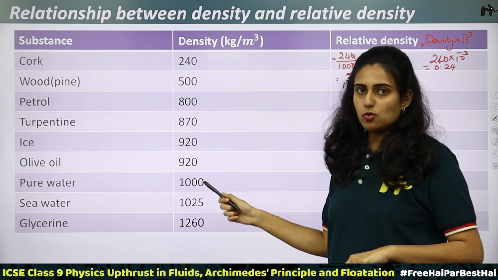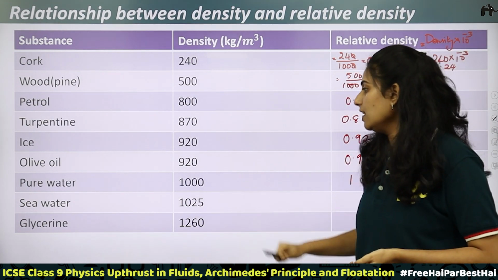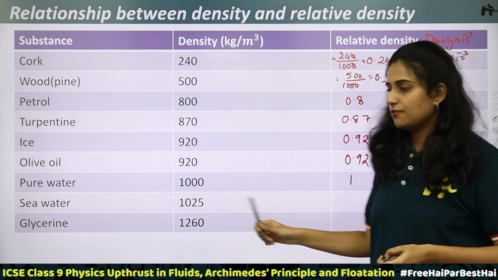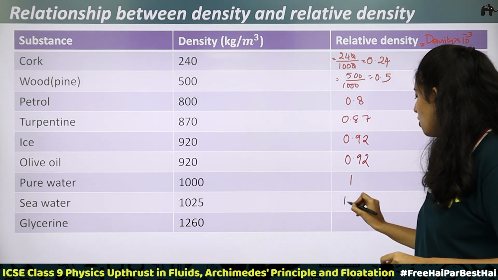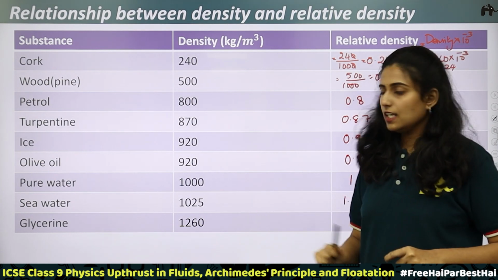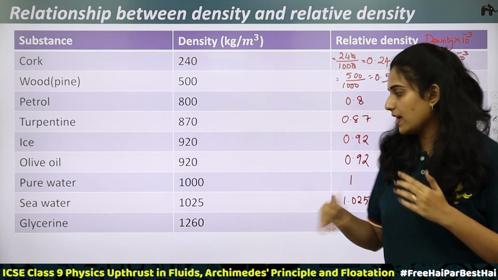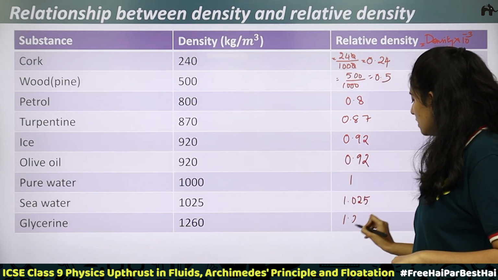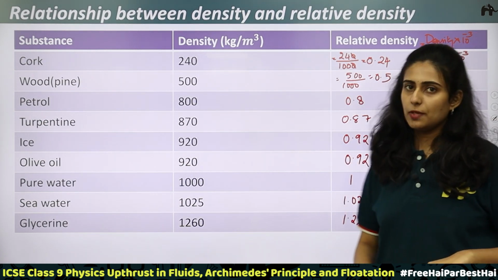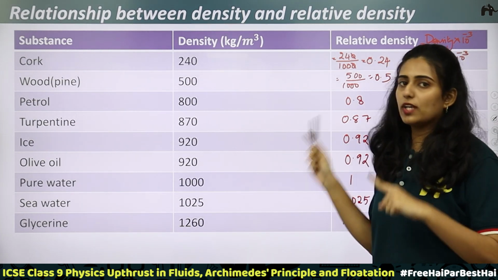Pure water, 1000. 1000 by 1000 is 1. Sea water, 1025, therefore 1.025. Glycerin, 1260. 1260 divided by 1000, 1.26. So these are the relative densities when density is given in kilogram per meter cube.